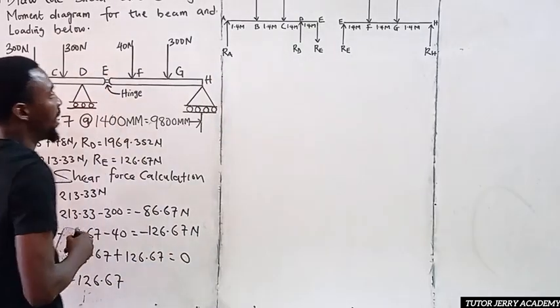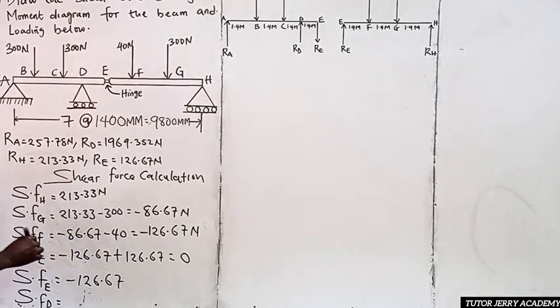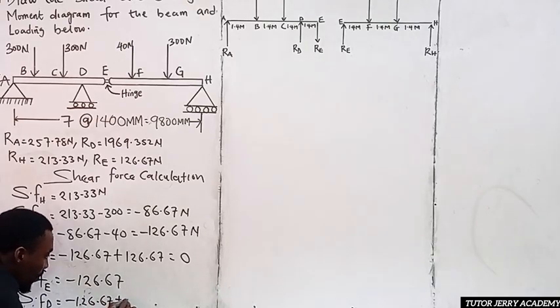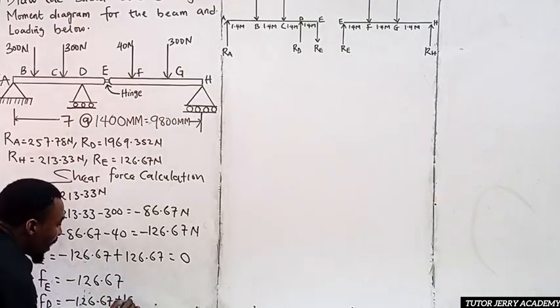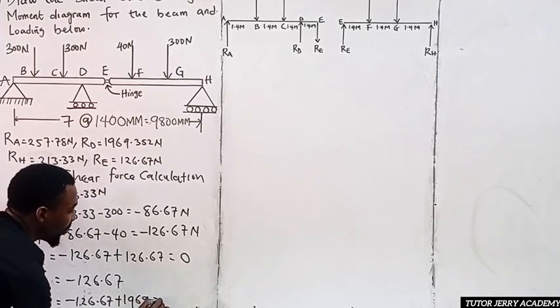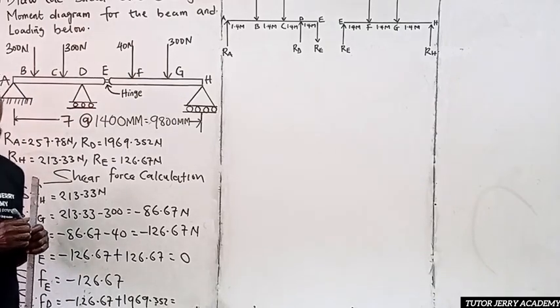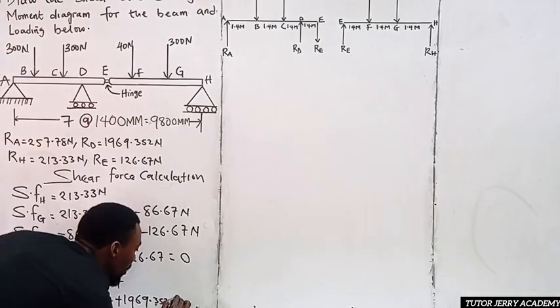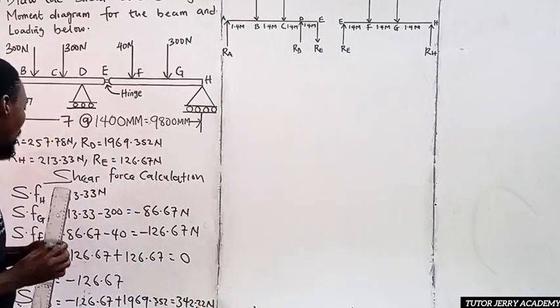So it's going to be arrow E, minus 126.67, plus our arrow D. Our arrow D is 1969.352, which will be equal to, if you do the math, you are going to have your shear force at point D to be 342.22 Newton. All right, so that's what we are going to have.